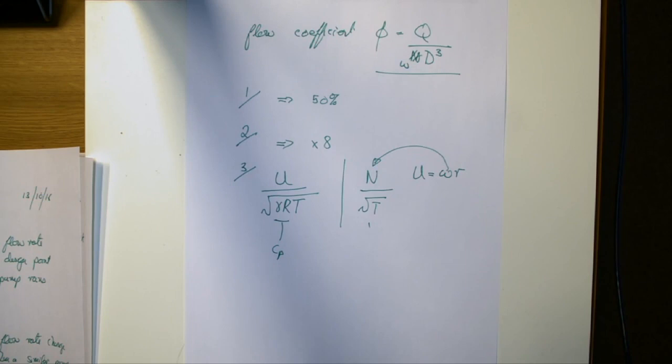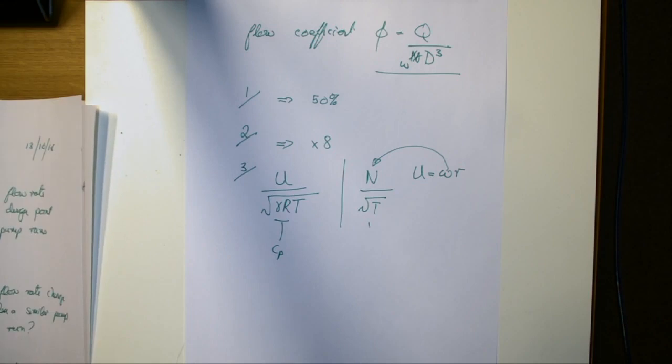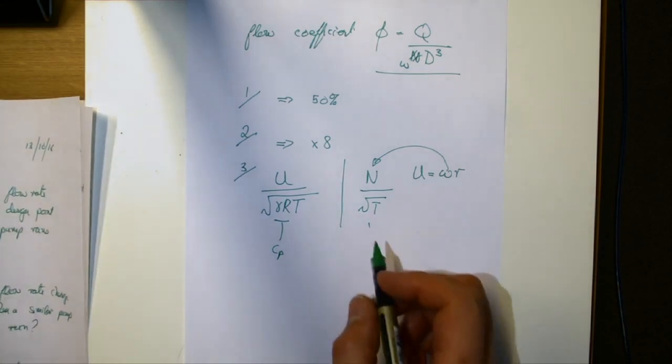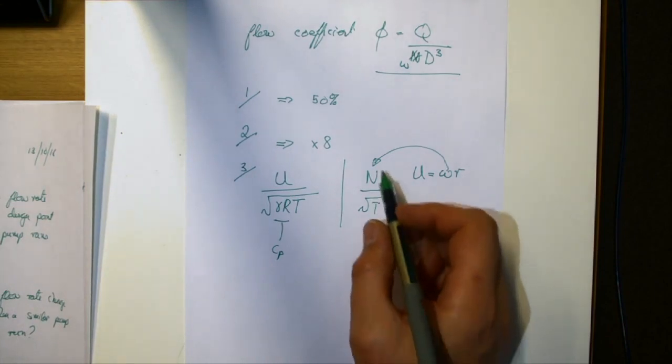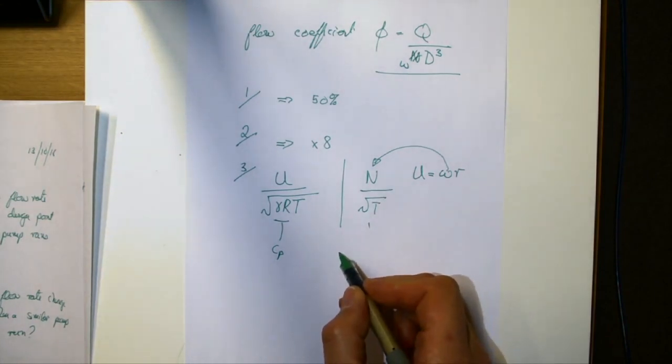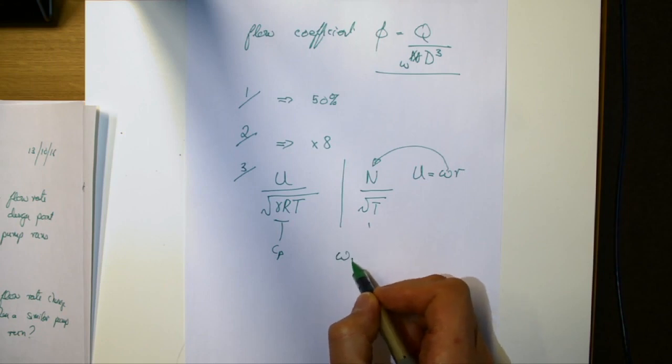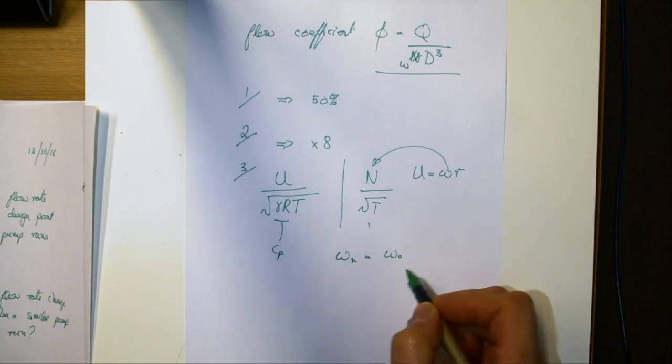I gave numbers, so I ought to tell you how to calculate them. We're going from 1800 to 1900 Kelvin. So the new rotational speed equals the old rotational speed times the square root of T new over T old.